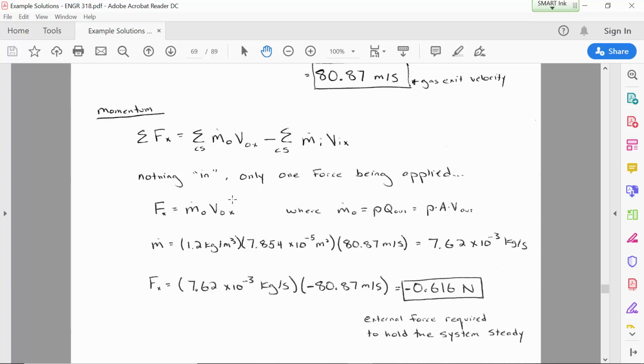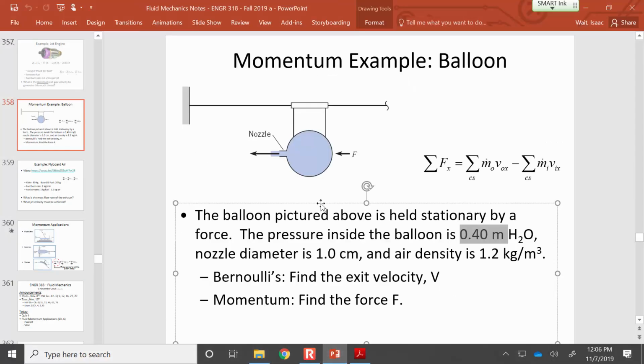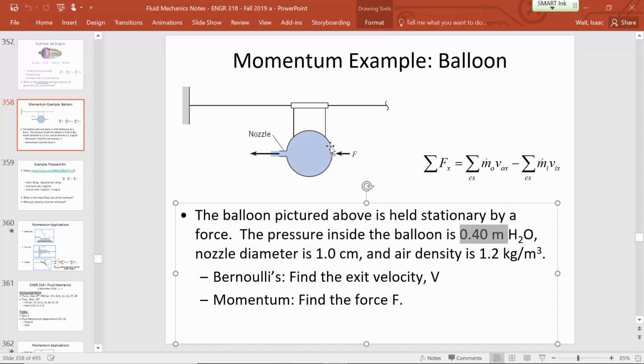And for a problem as simple as this, where you can picture it and have an instinct for what's going on, you know that you're going to have to push to the left because the balloon wants to move to the right. But there are going to be some problems that are a little bit less obvious, like in the case of a nozzle where there's a jet of water going out of a nozzle. If you apply the momentum equation through a control volume like this, it's not immediately clear, if you had a flange like this, whether you have to push to the right or to the left as a result of that nozzle.